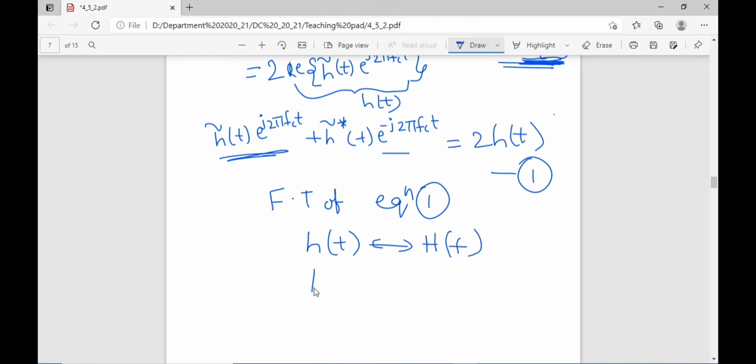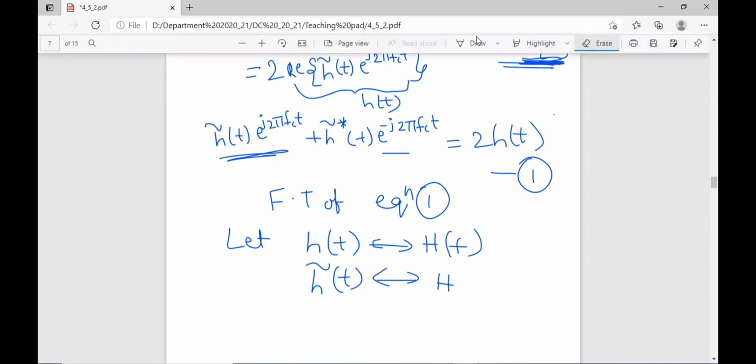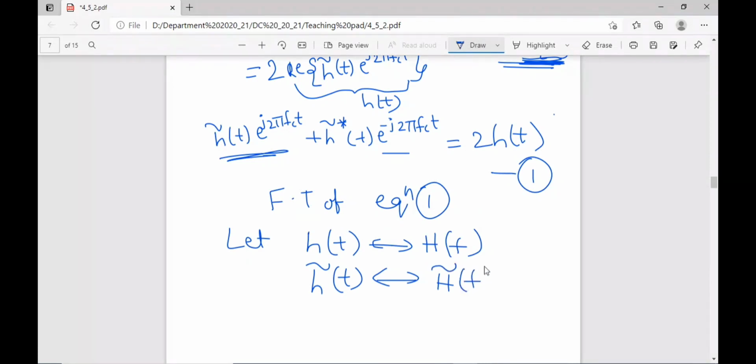In the same way, let h tilde of t have the Fourier transform h tilde of f. Okay, so what will be the Fourier transform of h star of t? I'll not take the tilde.